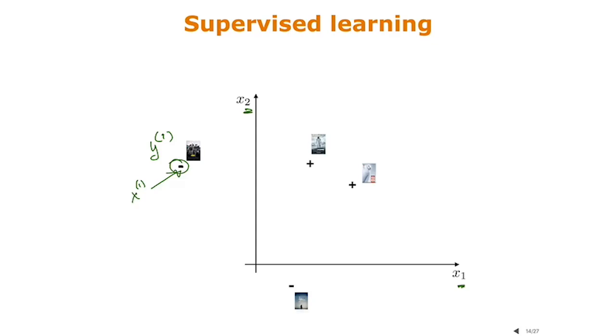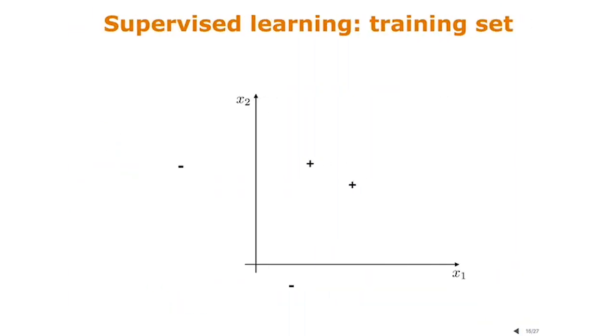Okay? Now I've kept here the covers of the movies, but that's not really necessary. The only thing that the algorithm sees are these points in space here, X1 and Y1, the associated label.